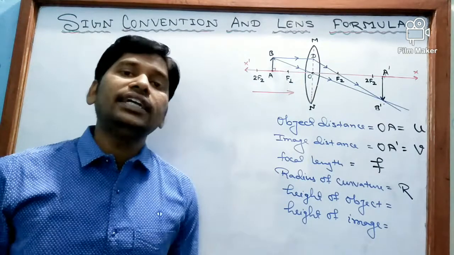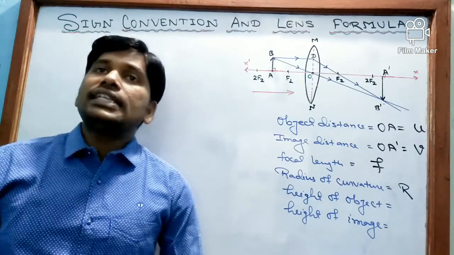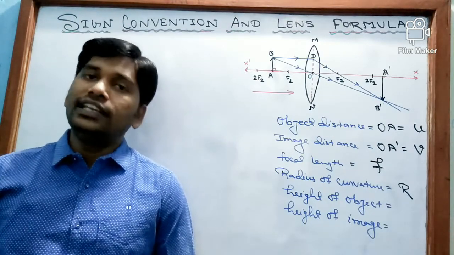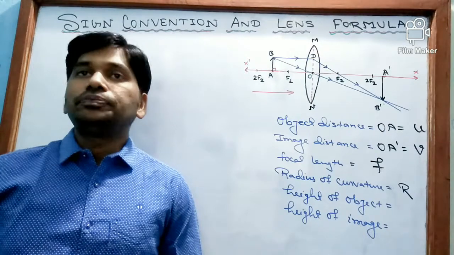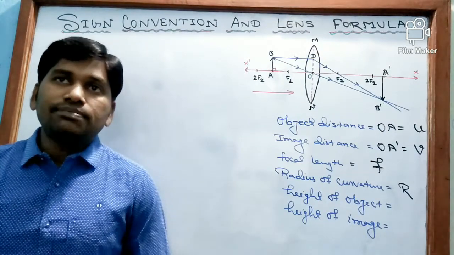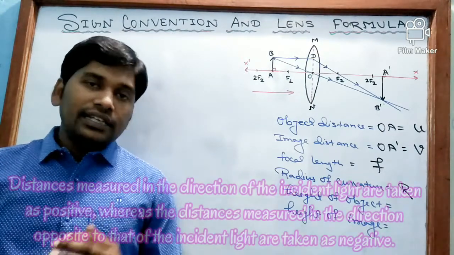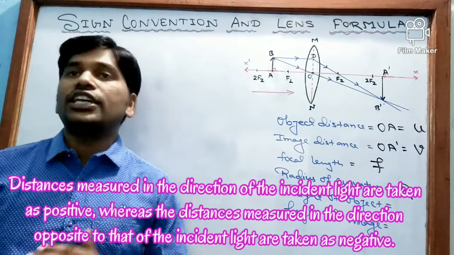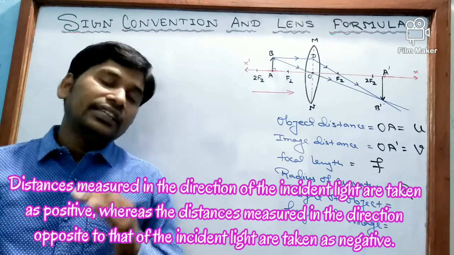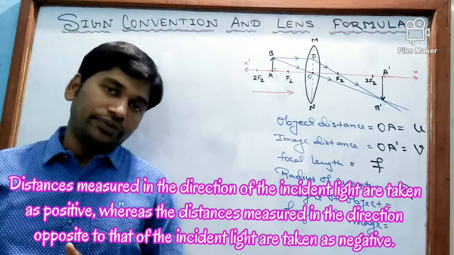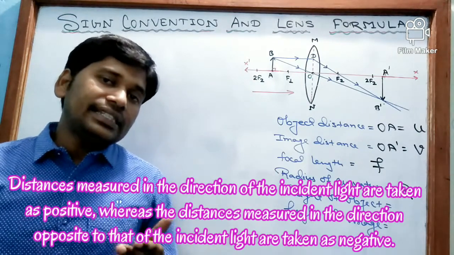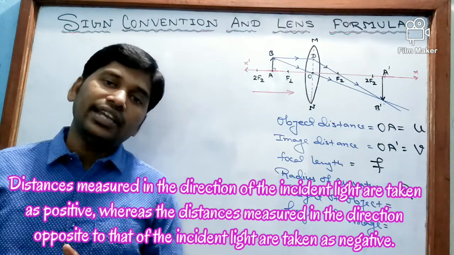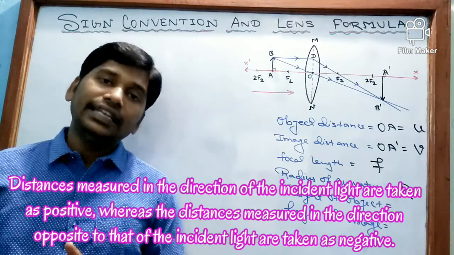So the first rule I said, all the distances are measured from the optical center of the lens. Now the second rule. The distances measured in the same direction of the incident ray are taken as positive, and the distances measured opposite to the direction of incident ray are taken as negative.